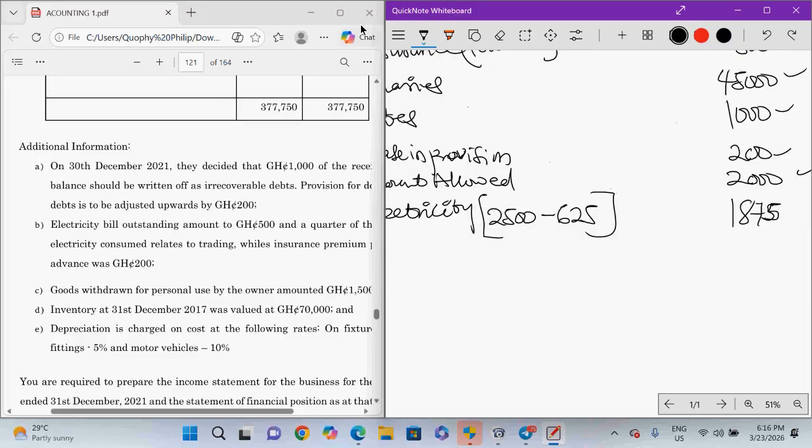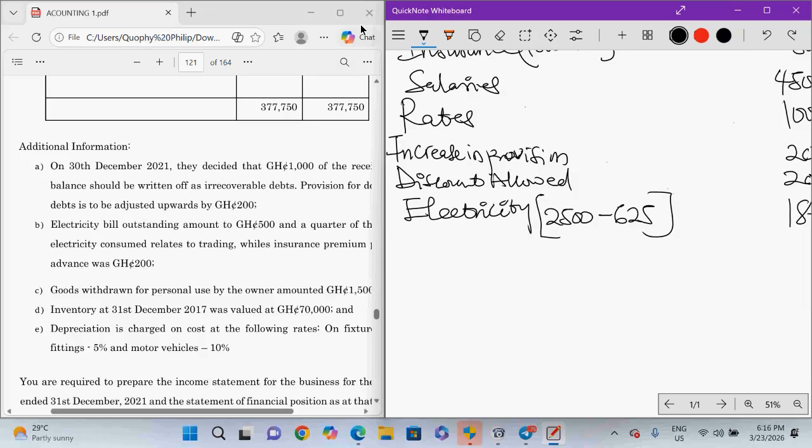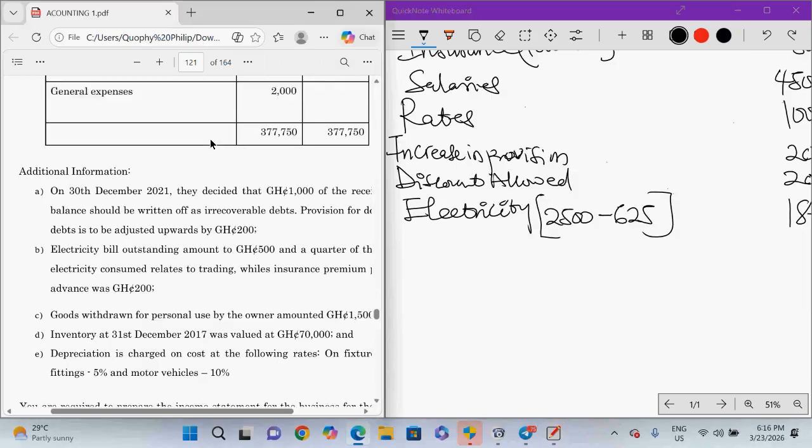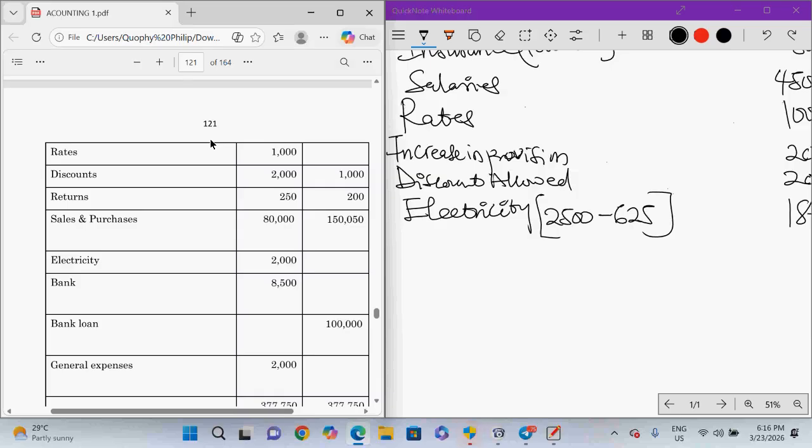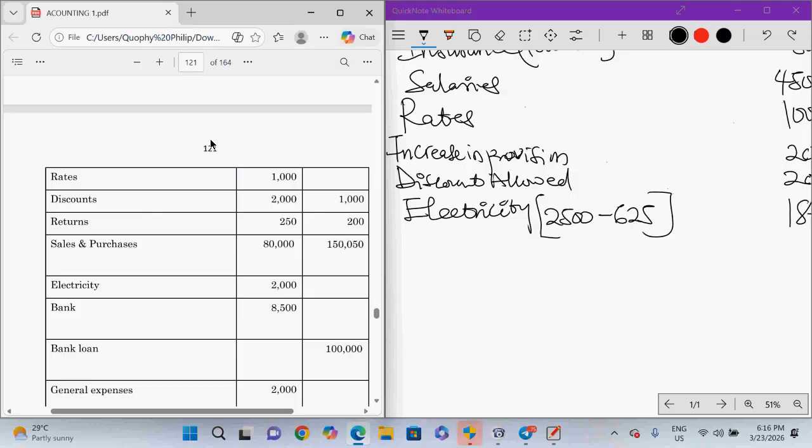And what else? The bad debt. So where is that bad debt? Additional information. Are we done with the trial balance? General expenses is there. It's principles now.